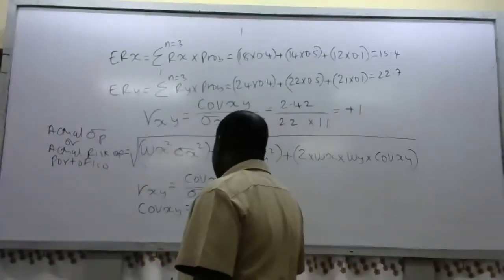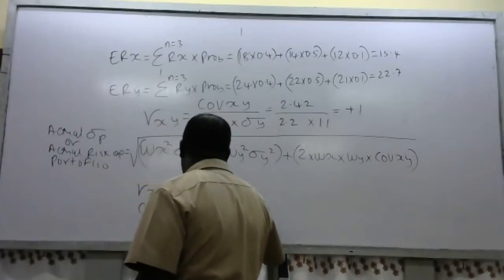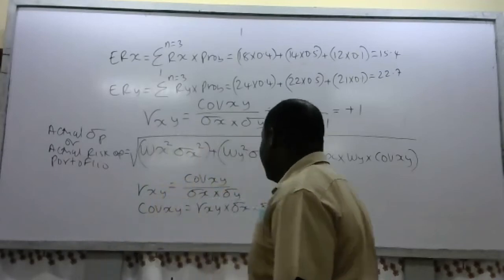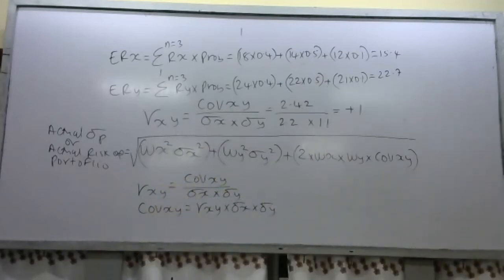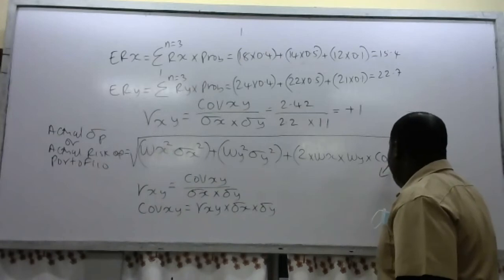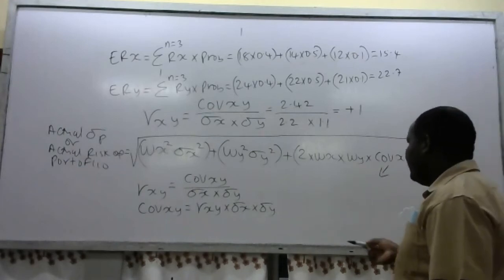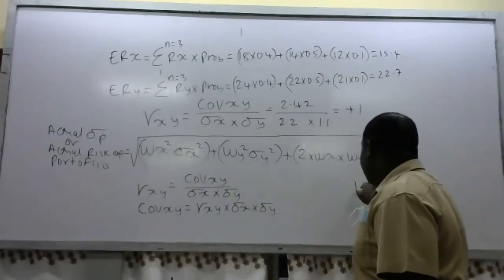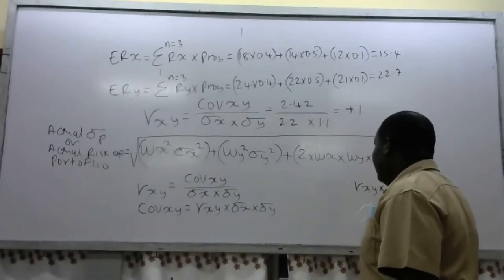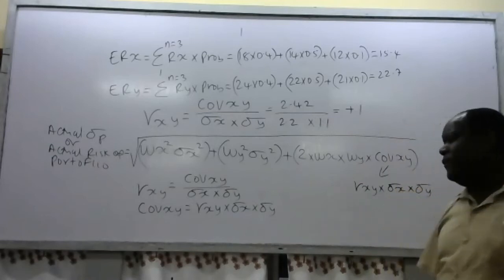It will be equal to the correlation coefficient between x and y multiplied by the standard deviation for x, multiplied by the standard deviation for y. So if you want to get the covariance and you have that information, in this part of the equation, the area of the covariance, you replace it with this part.